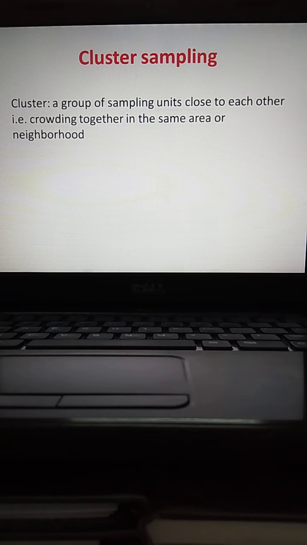From those groups, the sample units will be selected. Those groups are known as clusters. A cluster is a group of sampling units close to each other, that is, crowding together. Crowding means grouping together in the same area or neighborhood.